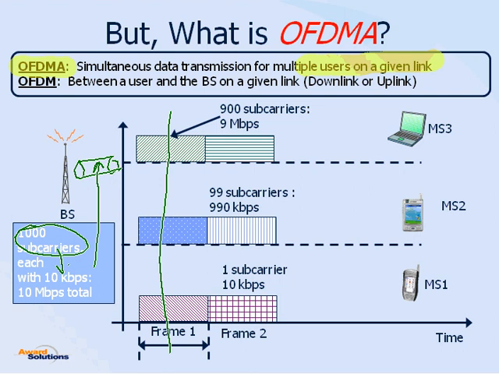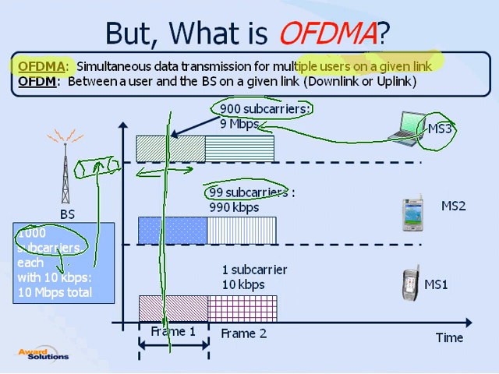We have allocated in this example 900 subcarriers to one user. So during that time interval, this user gets 9 megabits per second. At the same time, another set of subcarriers, let's say some 99 subcarriers, are allocated to another user, and that user experiences 990 kbps.